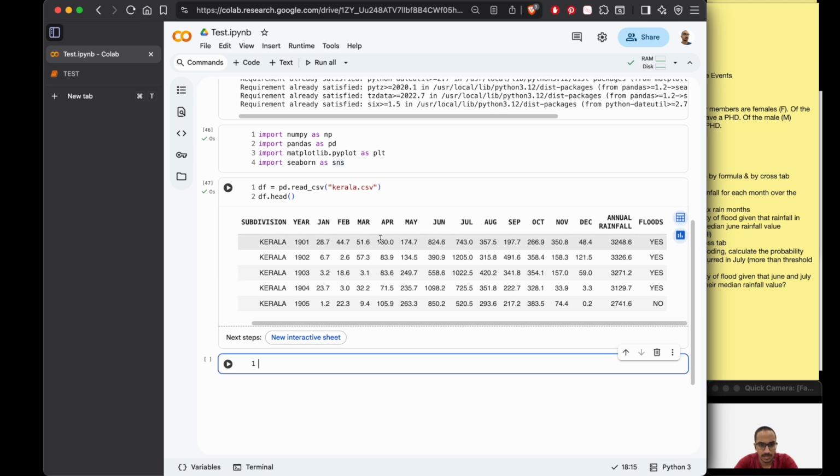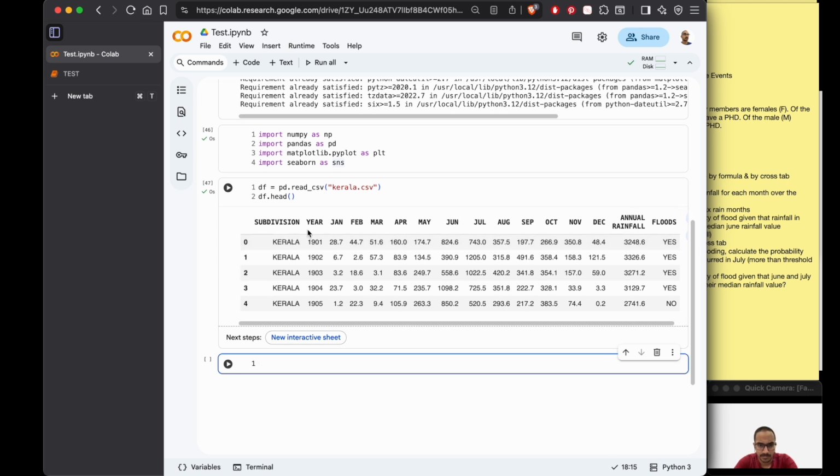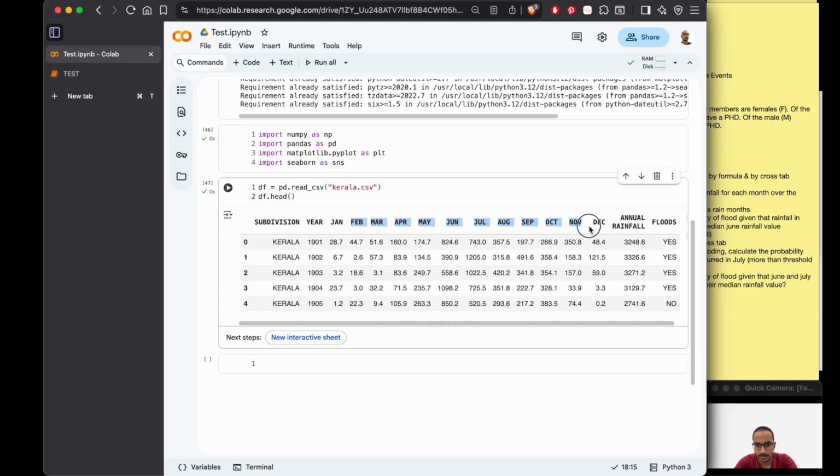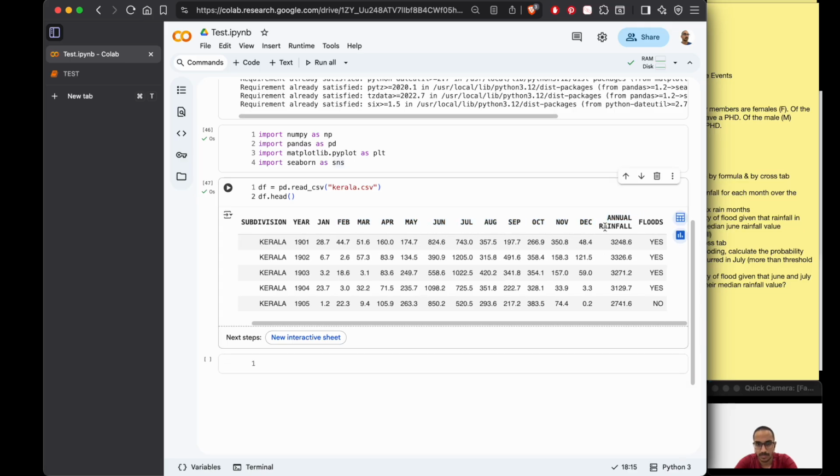So these are our columns: subdivision, year, and all 12 months. Yeah, we have all 12 months. Annual rainfall and floods. So we are looking at flood data with respect to the rainfall. If the rainfall is beyond a certain threshold, how likely it is to flood, etc. And this is based on the month data.